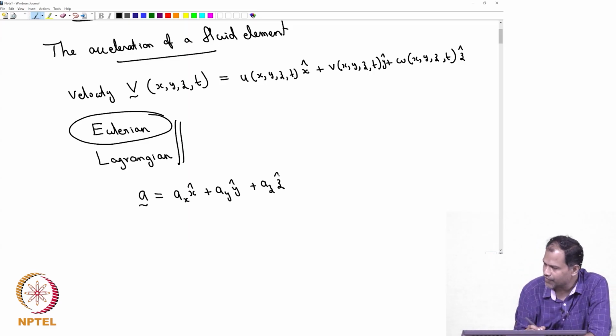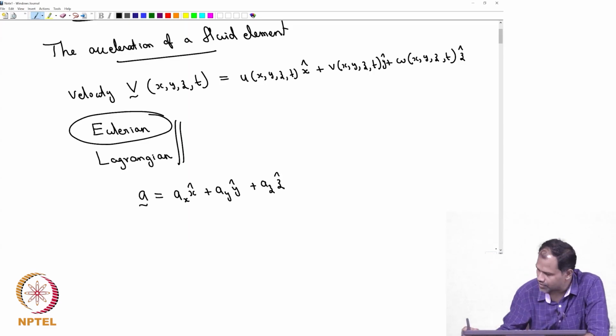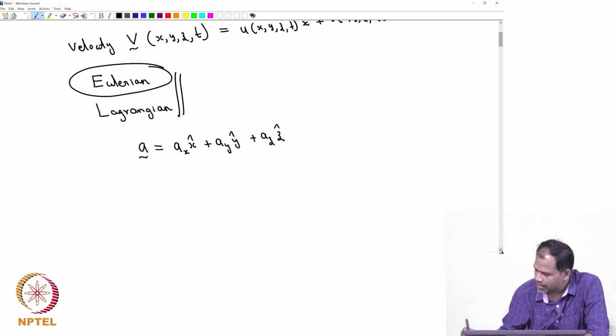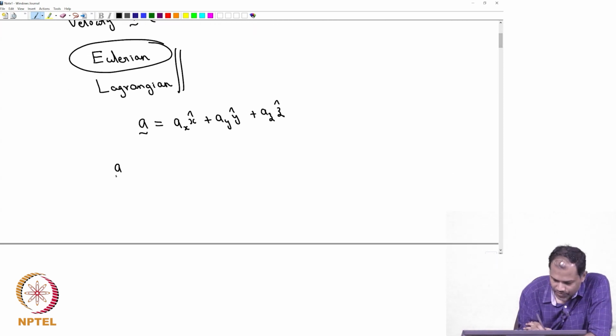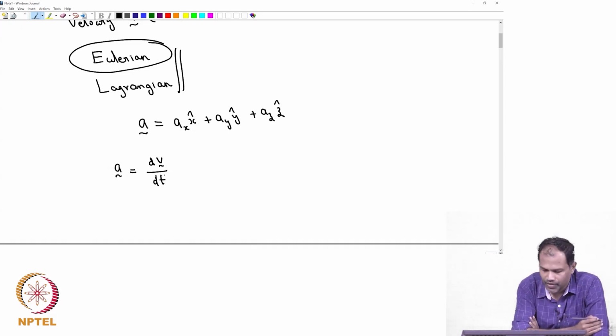So, we can define acceleration as the total change in velocity, which I am writing as dv by dt, where v is my velocity field. I am going to differentiate my velocity with respect to time to calculate the acceleration.